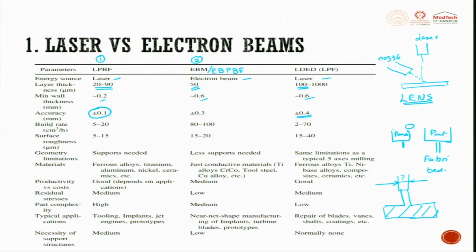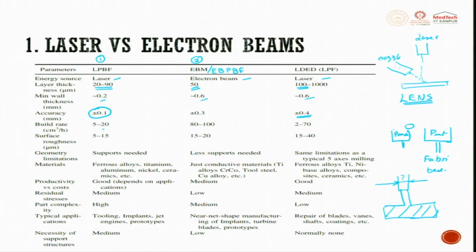Now, let us see the build rate. The build rate varies from 5 to 20 centimeter cube per hour. It is very slow. So, approximately, if you take a volume of a 15 centimeter scale, it is around about that, all directions 15, 15, 15.